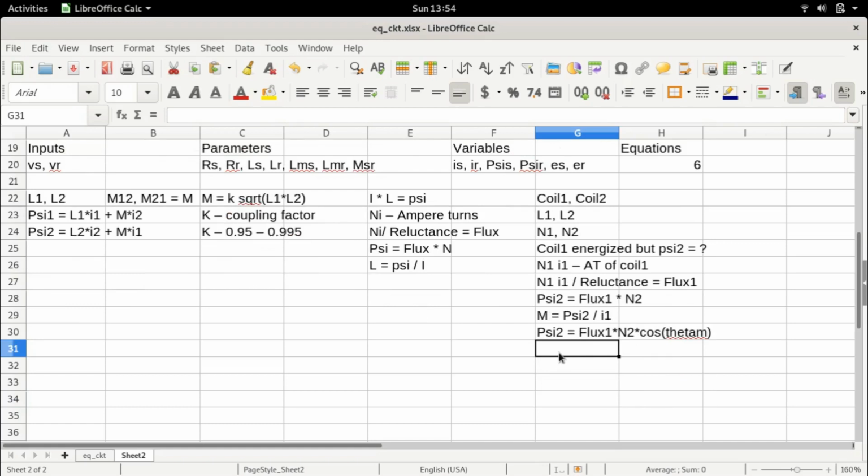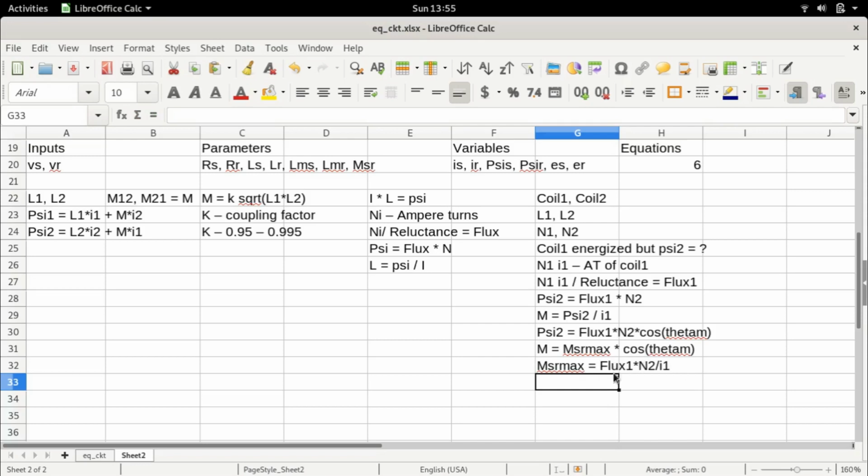We can write it as M_SR max multiplied by cosine of theta m, where this M_SR max is equal to flux 1 multiplied by N2 divided by I1. This would be the expression.